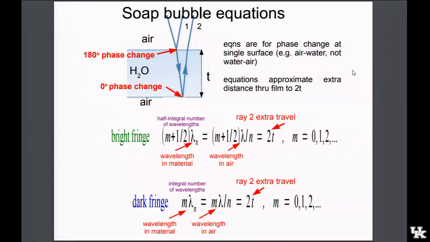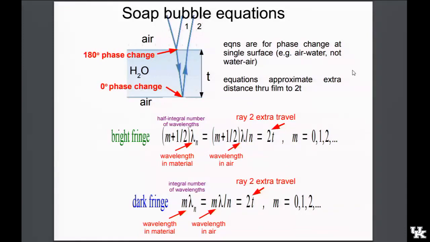So this is counterintuitive if you think about the two-slit experiment, because of this ingredient in the soap bubble that's not in the two-slit experiment, the phase change on reflection. Okay, so let's take a look at the bright fringes.